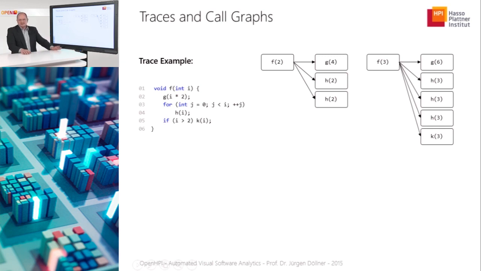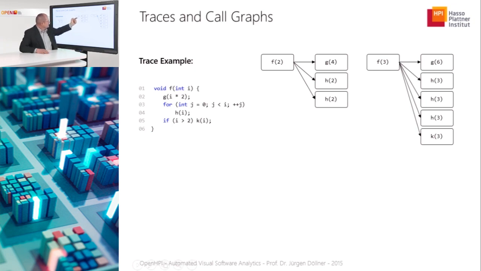In this example, we have a call graph, a formal call graph, nodes that represent functions. This is a function f in this little example, and it's calling g and h several times, and finally optionally k is called.